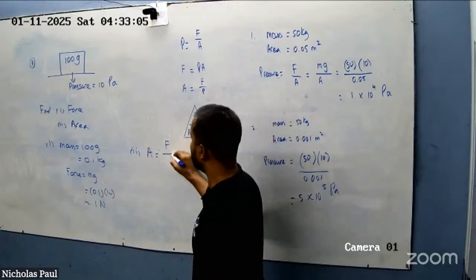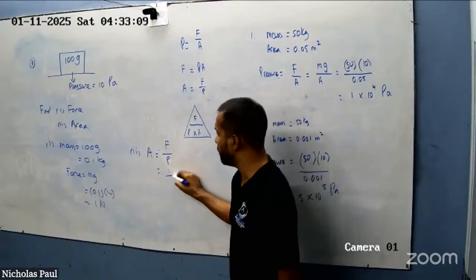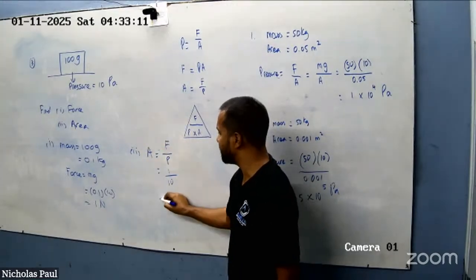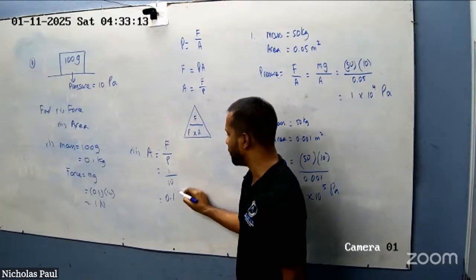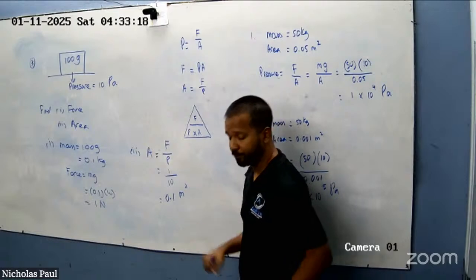Force over pressure. We know the force is 1 Newton, pressure is 10 pascals. So the area is 0.1 meters squared. That's okay? Easy, right? Okay.